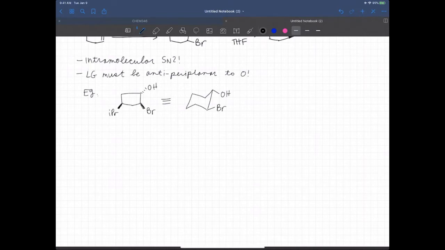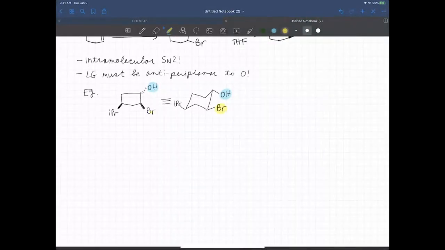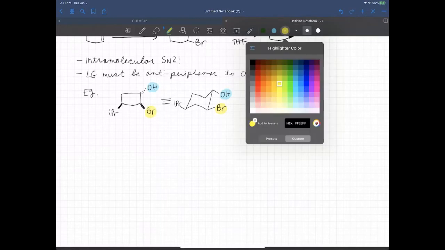Give me 1 second. Okay, yeah, and then you have your isopropyl here. Okay, so let me just label my substituents. Alcohol is right here. Bromine is here. Okay, and then the isopropyl group is right here.